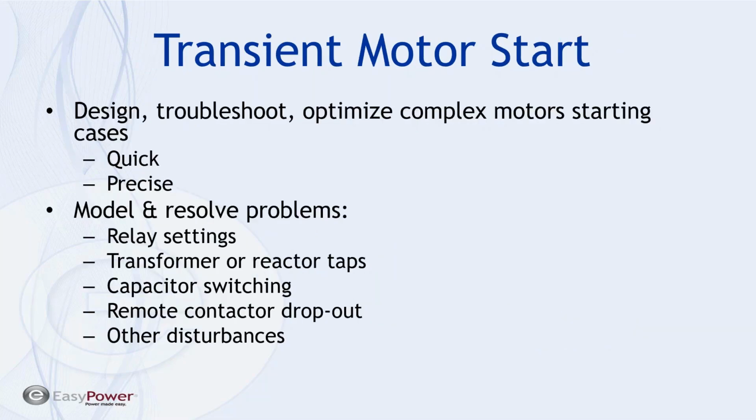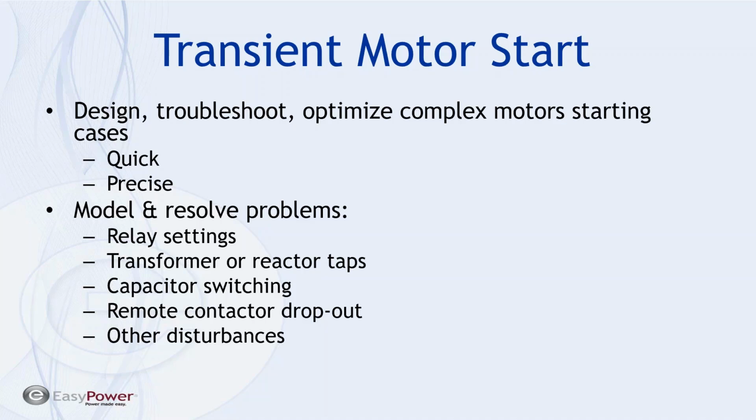One of the features that's built into load flow is what's referred to as transient motor start. Basically, what that does is calculate the voltage and current impact on our system if, during the time, there's a locked rotor on our starting motors.